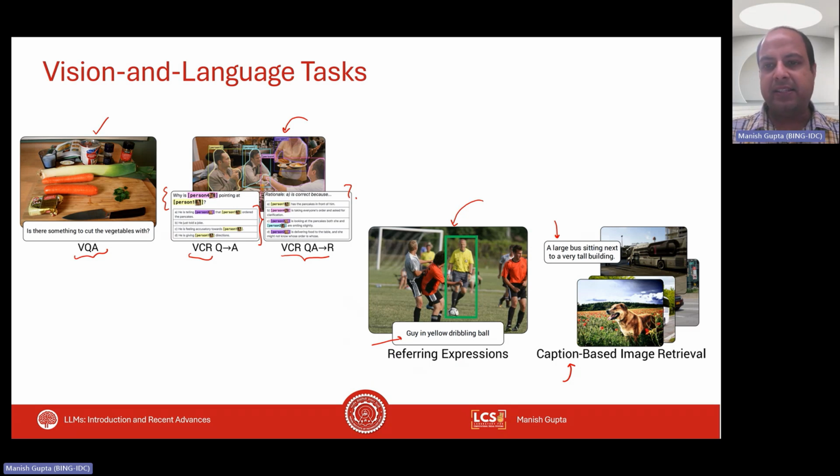Here, of course, you want to encode the images and the text in a single space, so that you could compute similarity between them seamlessly and then do good image retrieval, right? So all of them involve encoding the image and encoding the text in some form, sometimes jointly, sometimes individually, but then at some level try to compute similarity.